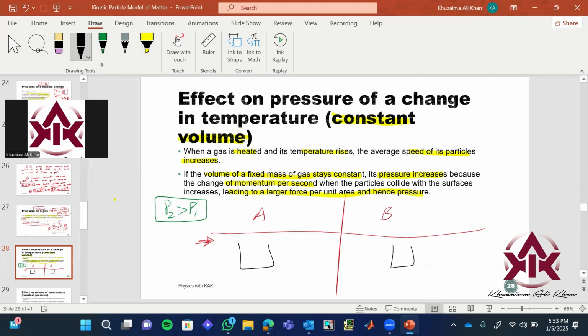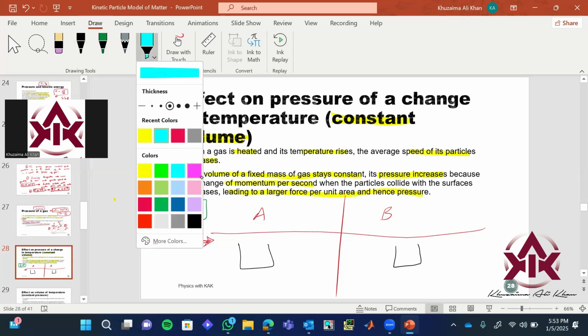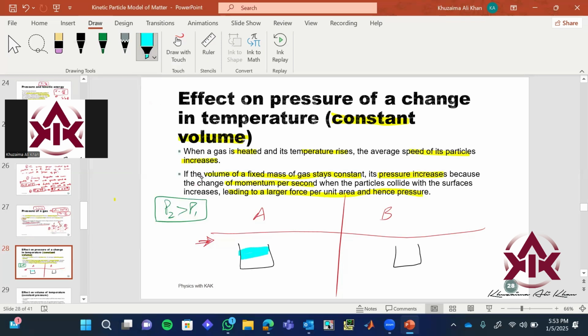So we're just heating it up. Let me just match the dimensions, and we have the same liquid volume. Let me just fix the volume. It's the same volume here, it's the same volume here. So V is constant.